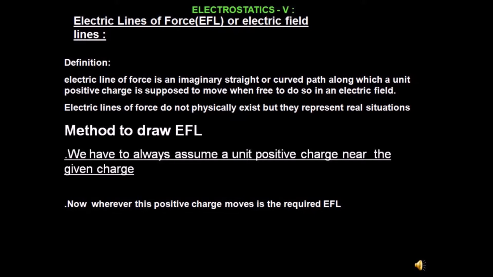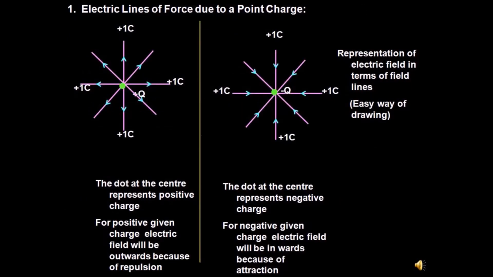Whatever charge is given, we always assume a unit positive charge around, and wherever this positive charge will move due to repulsion or due to attraction, that is the direction of the electric field line.